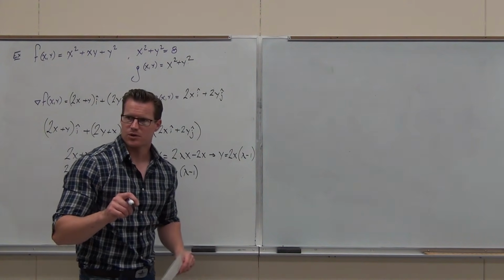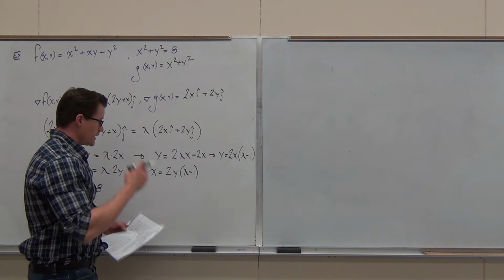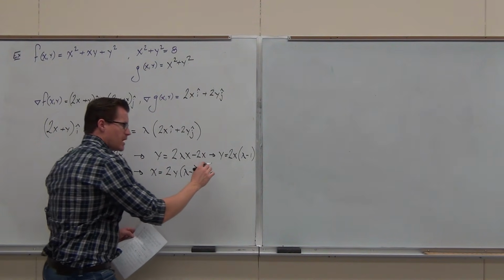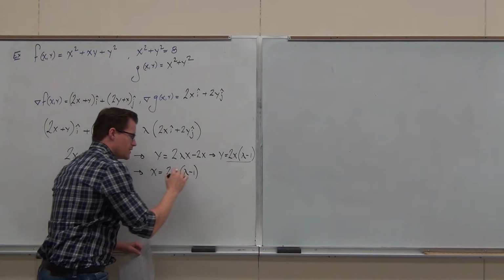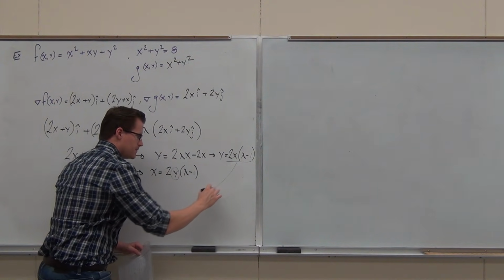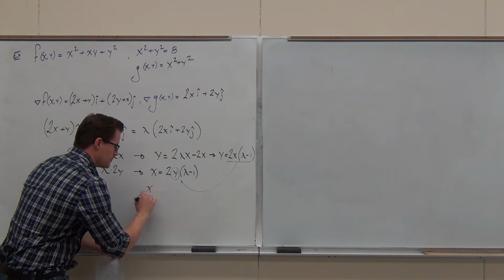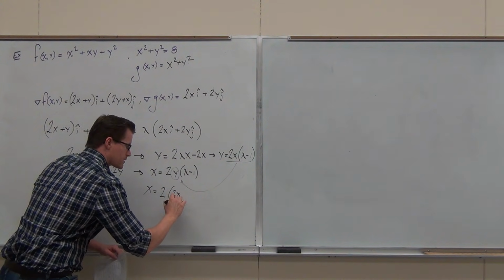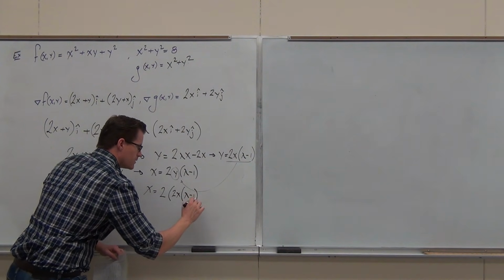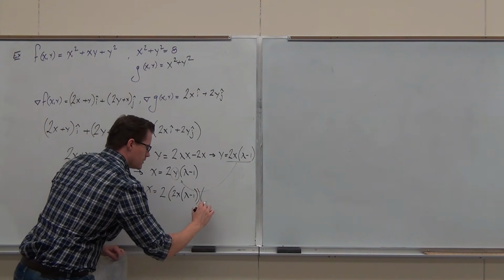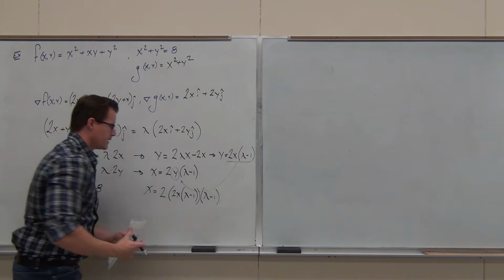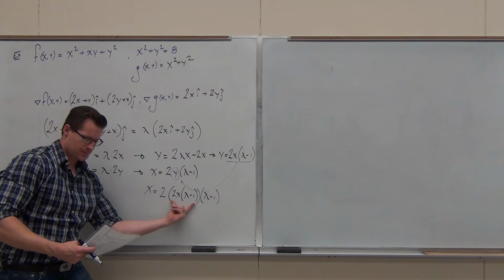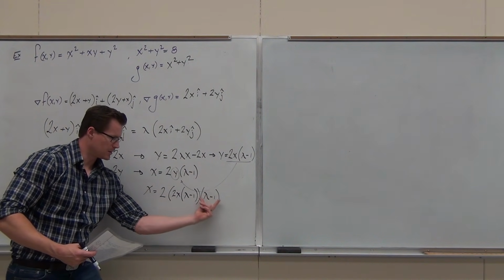You guys understand the algebra on that one? Now, I have to get rid of one of these variables. It doesn't matter which, but I'm going to take this and substitute in for the y here. So x equals 2 times 2x(lambda minus 1) times (lambda minus 1). Here's the 2, here's the y, here's the lambda minus 1.